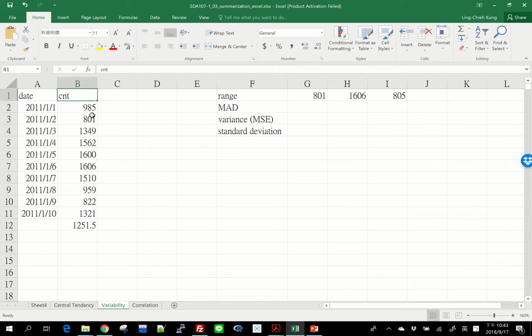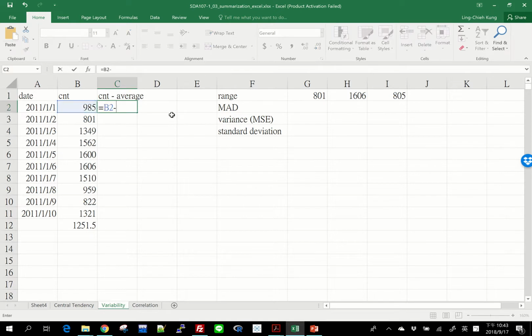So for CNT, I have all these original values. I first calculate their average values, okay? The average of all these values. That sounds good. And then I should calculate the deviation. So I'm going to use CNT minus the average value.